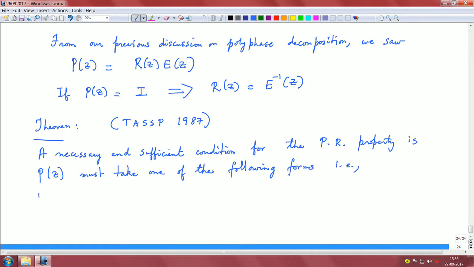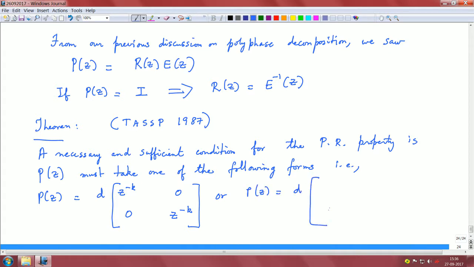That is, P of z is some scalar d times a delay, or P of z equals 0, z power minus k, z power minus k minus 1, and 0.